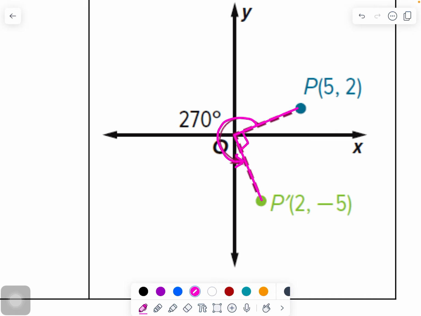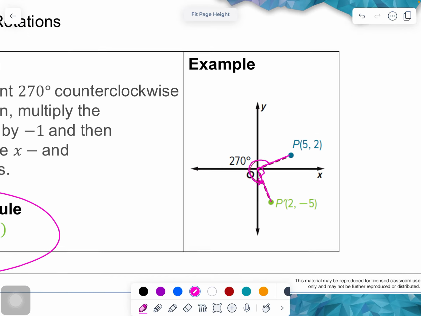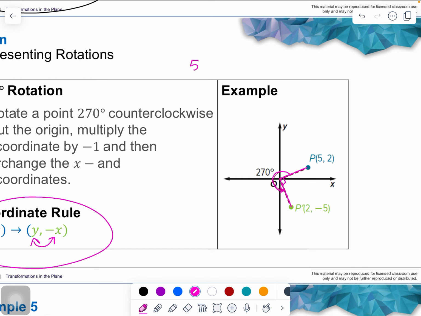There's that 90 on the inside here. And it started at (5, 2), but now they're going to flip. The 2 is going to come to the front, the 5 is going to go to the back, but now the 5 is negative.